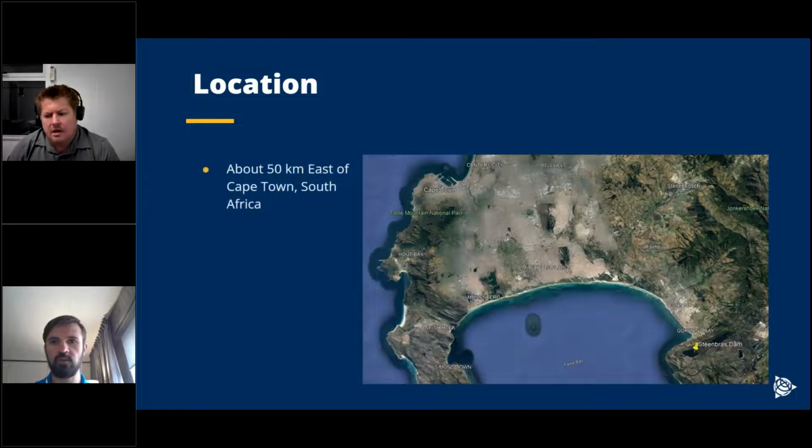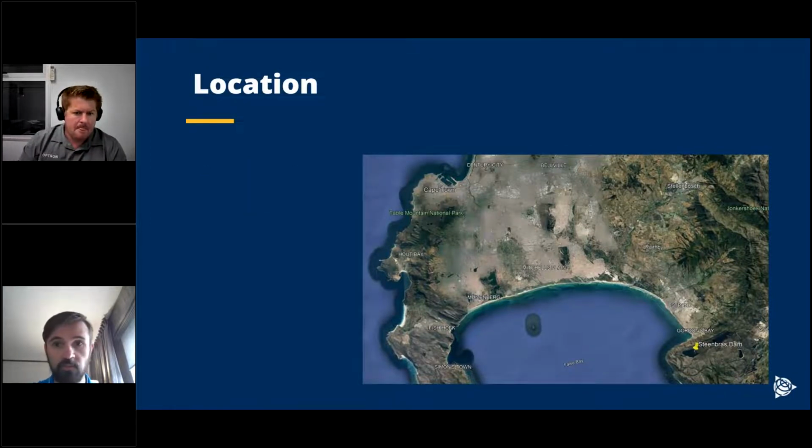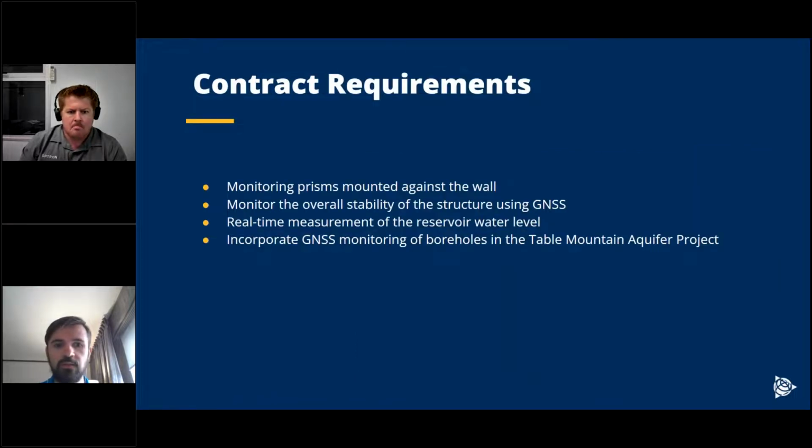Is there a question on the things that are being monitored? Are they related, or are they all for a distinctive use? Like, for instance, is the GNSS measurements also being used in conjunction with the real-time water level, or are they all for different pieces of the dam monitoring scheme?